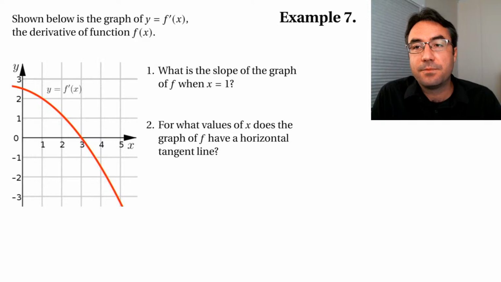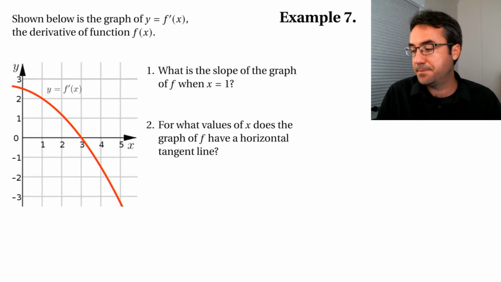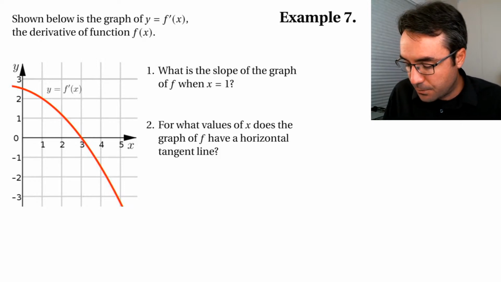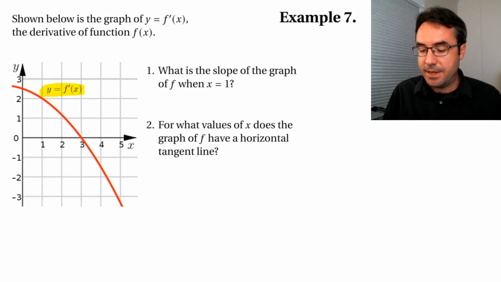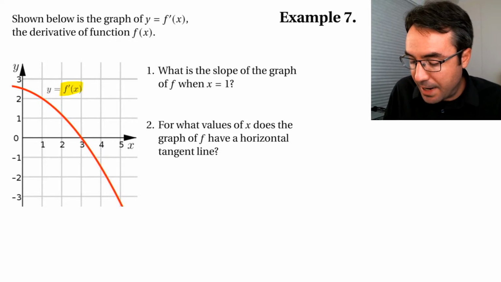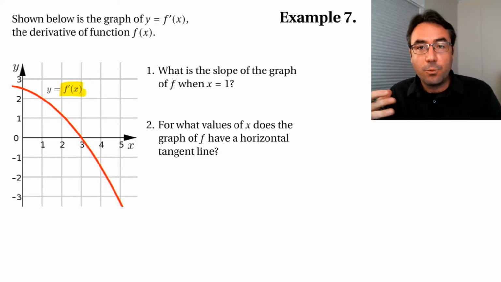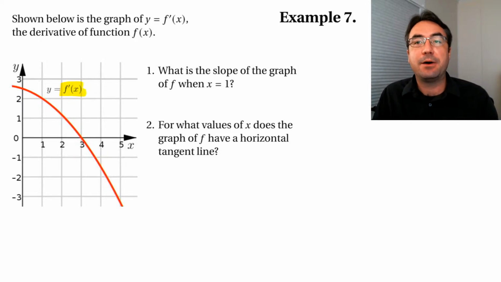So first part there, what is the slope of the graph of f when x is equal to 1? So really, just to emphasize this, the curve that we're seeing here is f prime, the derivative. We want to find out information about f.